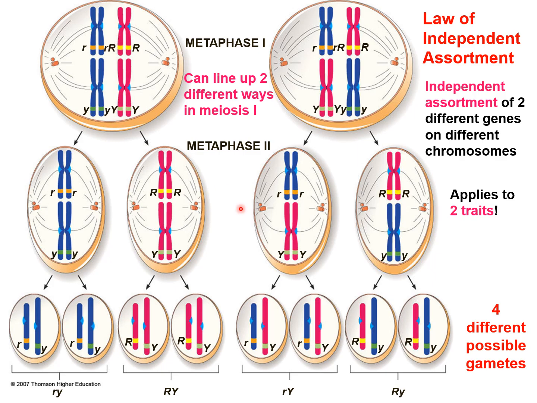You can see that big R could end up with little y instead, and big Y can end up with little r instead. There are different possibilities, different combinations, because these two genes are sorting independently of each other. They can end up in different gametes. So that's all the law of independent assortment is talking about.